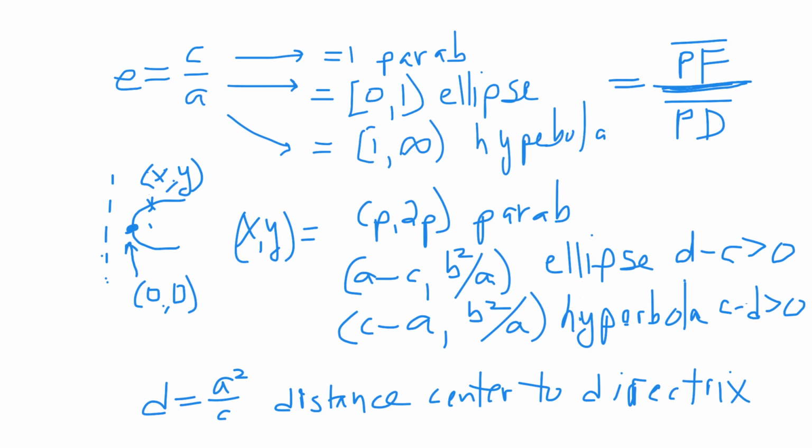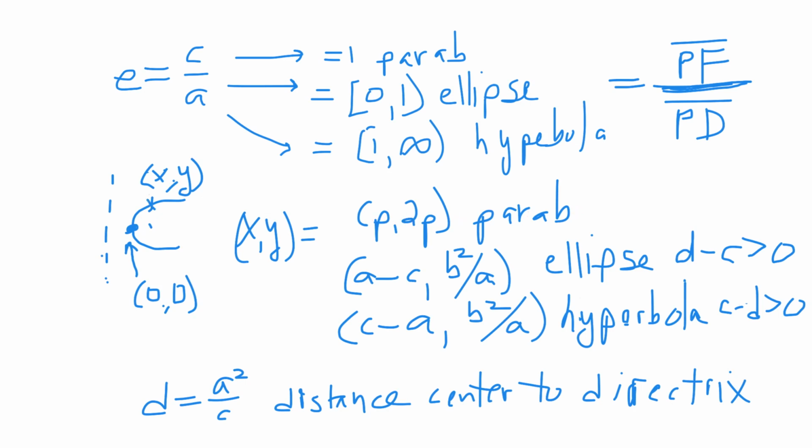In any case, though, including the parabola, it's the ratio of the distances focus to point on the curve and point to directrix. That will always get you these same answers. If we have this picture right here, which could be a parabola, could be a portion of an ellipse, or could be a portion of a hyperbola, and if this vertex point is at 0, 0, and the directrix is here, then a point on the end of the focal width can be found.